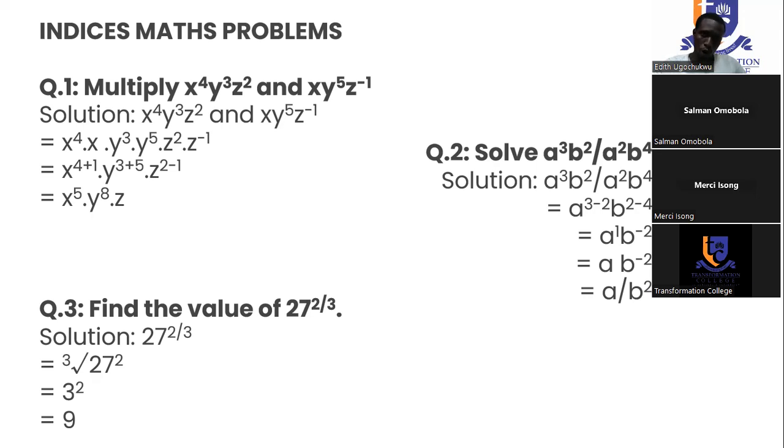Number four, open your bracket, 4 raised to power 2, close your bracket, power 5. Then number five, 2 raised to power 4 times 3 raised to power 4. So let's get the answer very quick.